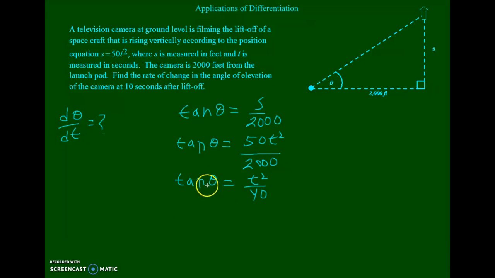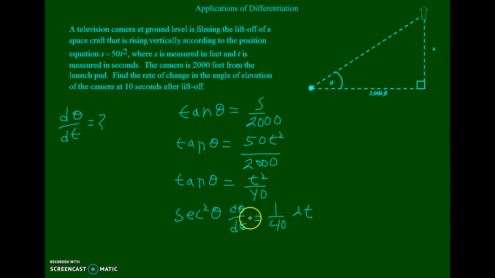So the derivative of tangent is secant squared theta d theta dt equals 1 over 40 times 2t. Now there's no implicit differentiation here because t matches the variable of differentiation.